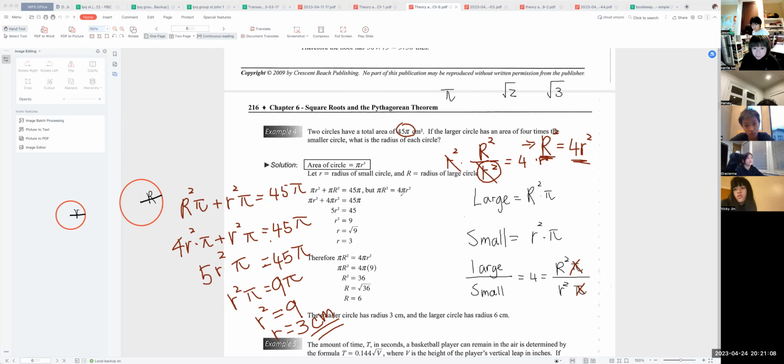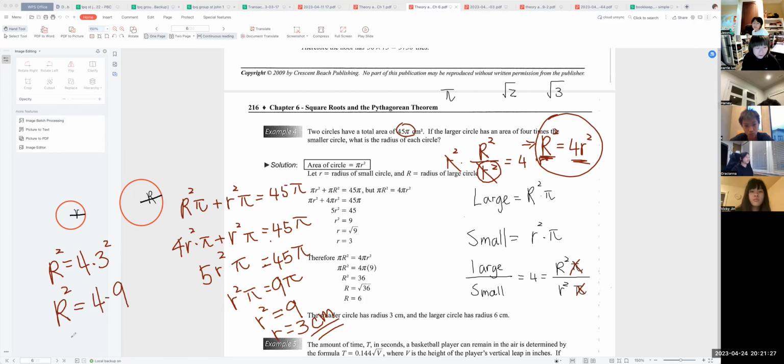Okay, so now because I know r equals 3, I can find out the bigger R. So R squared equals 4 times 3 squared, correct? Yes. Okay, so R squared equals 4 times 9. R squared equals 36.